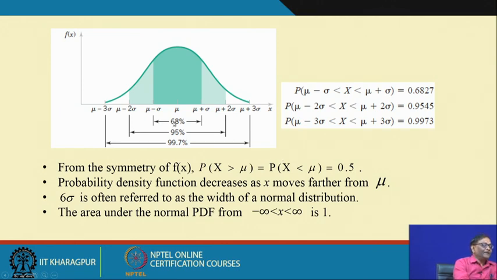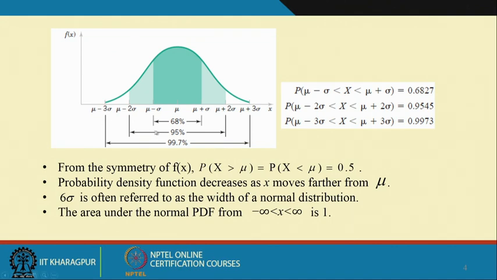So, effectively, the spread from mu minus sigma to mu plus sigma, although we say 1 sigma range, is plus 1 sigma and minus 1 sigma on this side, which is 2 sigma. Then mu plus minus 2 sigma, the range is 4 sigma, and mu plus minus 3 sigma, the range is 6 sigma.